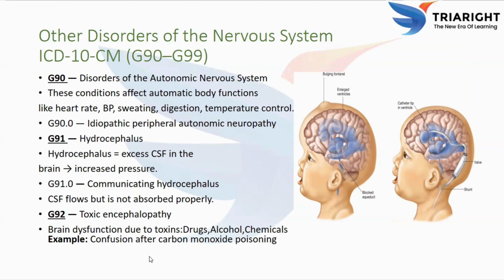Confusion after carbon monoxide exposure. So it fits under the G92 category. What you have to remember in this slide: G90 for problems with the automatic body functions, G91 for extra cerebrospinal fluid in the brain where the pressure increases, and G92 for the brain affected by toxins.